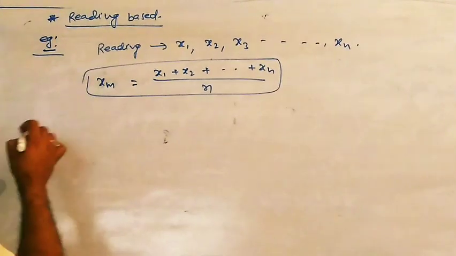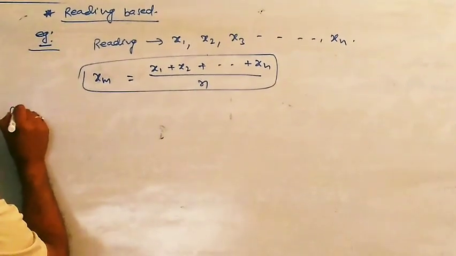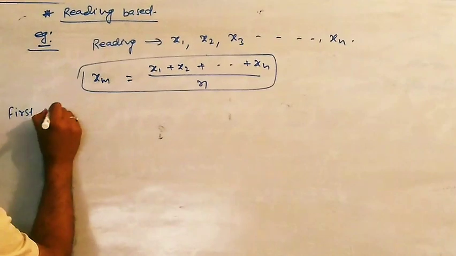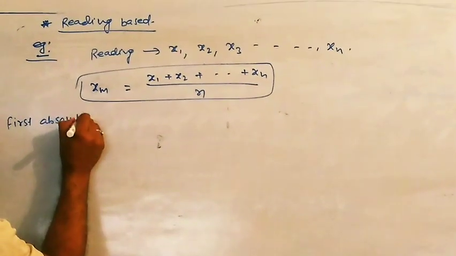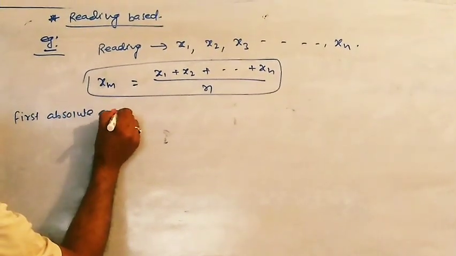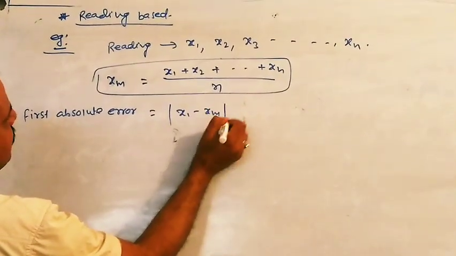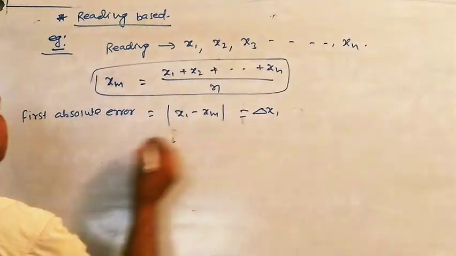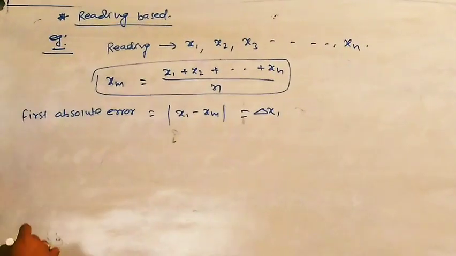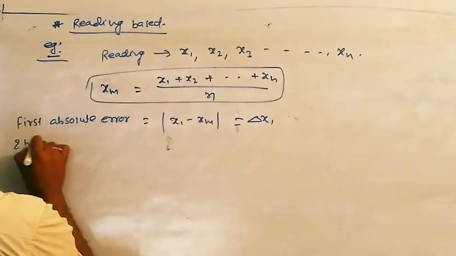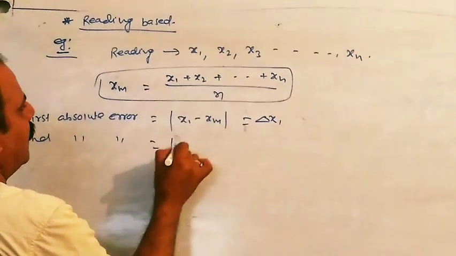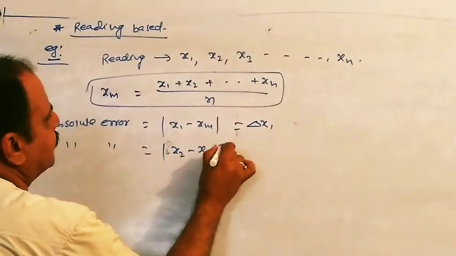And now we find the individual absolute errors. First absolute error is mod of x1 minus xm. Suppose that this is delta x1. Second absolute error, mod of x2 minus xm.